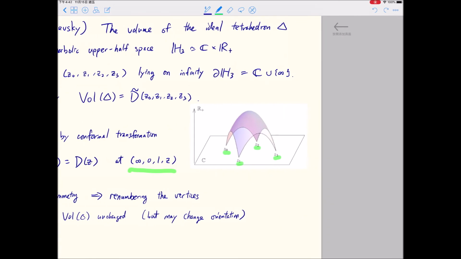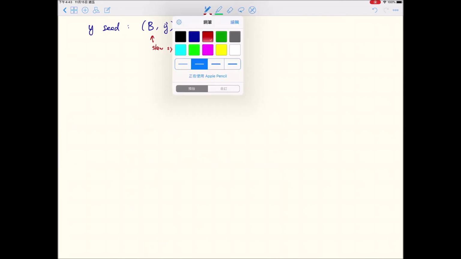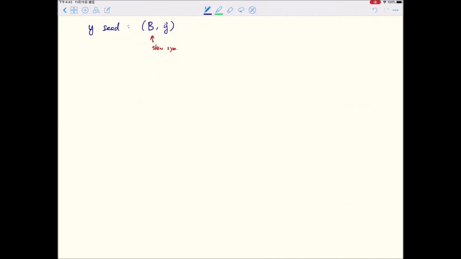So let's review the notation. So we start with a Y seed. In our case, we will assume that the exchange matrix is skew symmetric. And let's say the index set is from 1 to n. And we consider the tropical Y seed mutation.